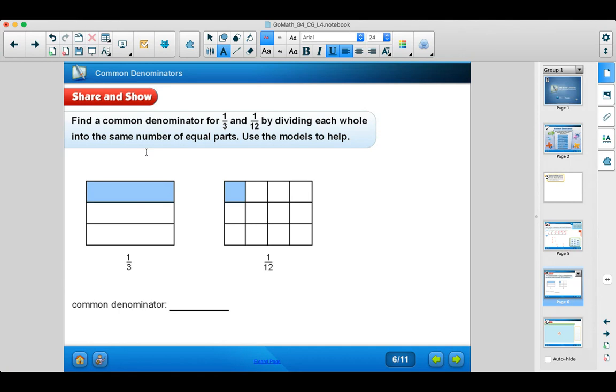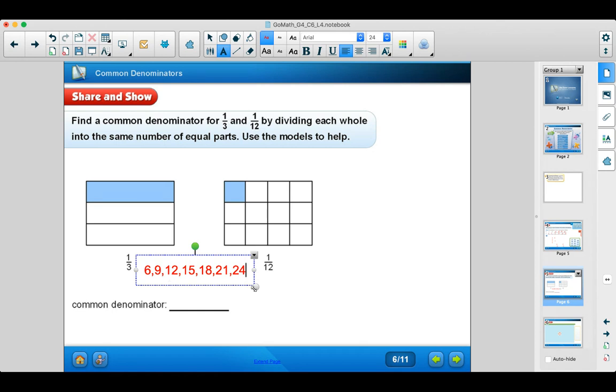Find a common denominator for 1/3 and 1/12. Okay, what are the multiples of 3? 3, 6, 9, 12, 15, 18, 21, 24.